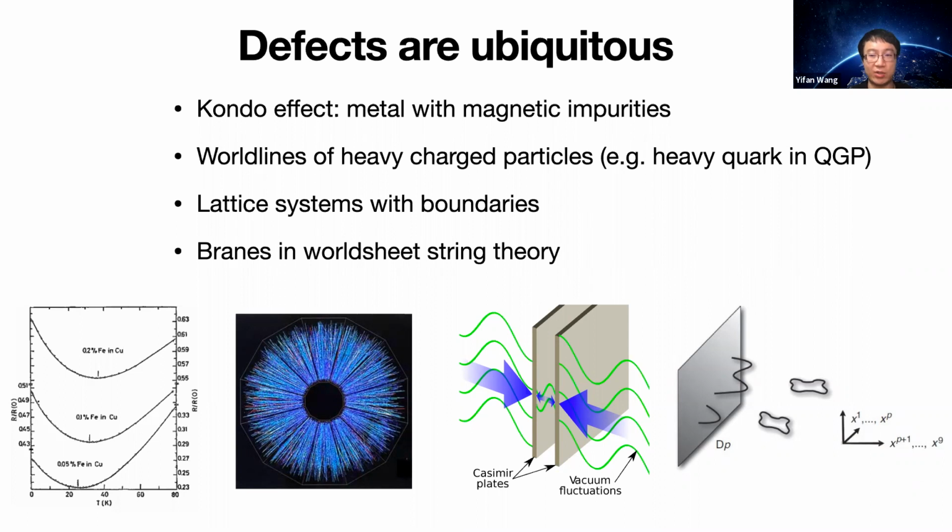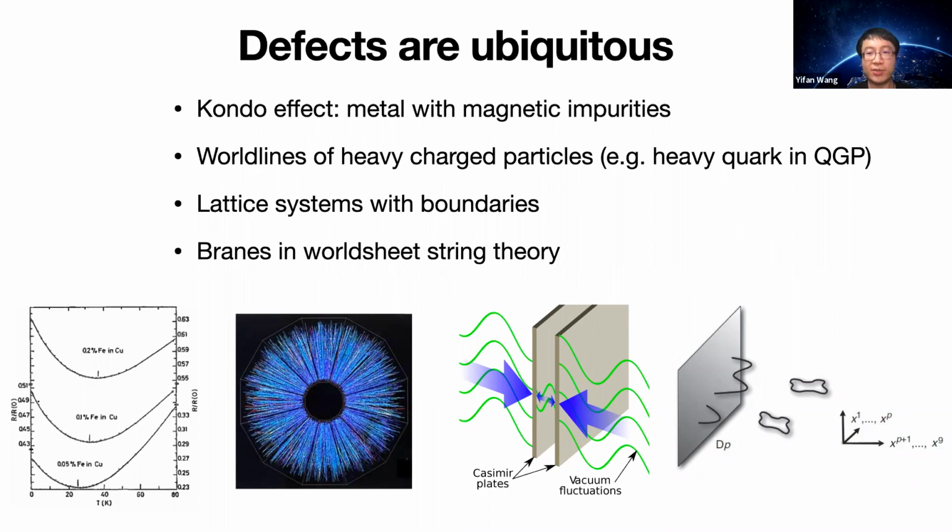As you probably all know, as you lower the temperature of a conducting metal, the resistivity is supposed to decrease. This is because resistivity comes from scattering between the electrons and phonons in the metal, and also between electrons themselves. But both effects are suppressed as temperature is lowered, so you expect the resistivity to drop monotonically.